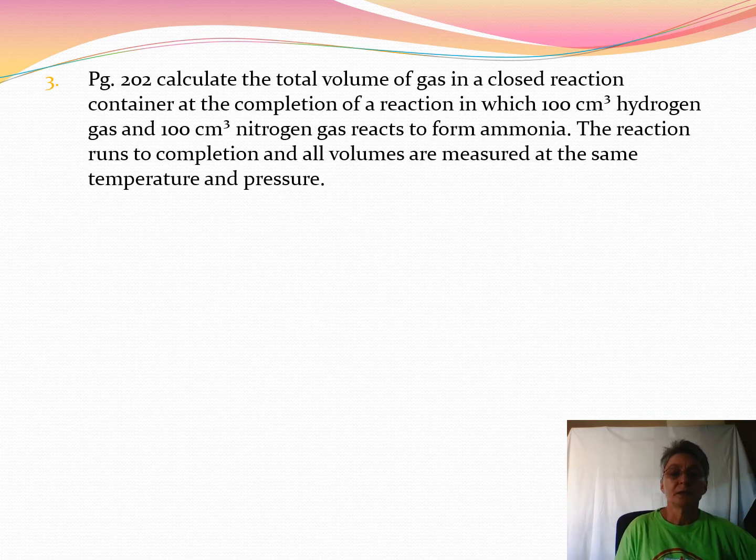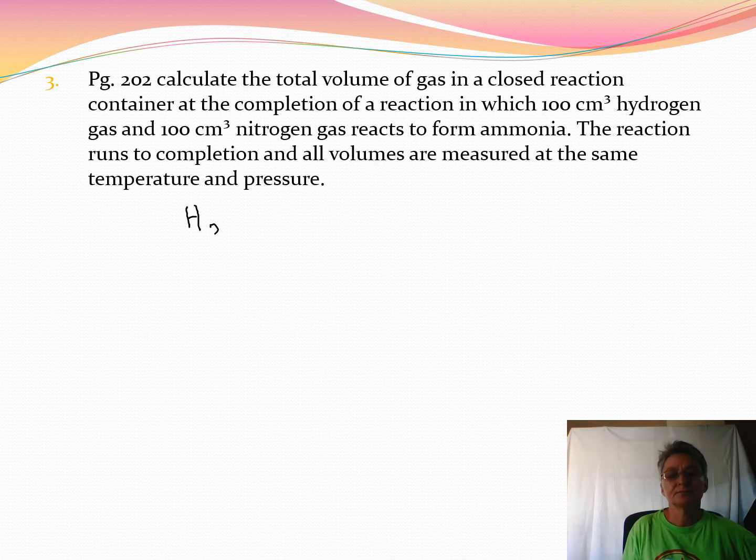Example 3 is on page 202, where we have to calculate the total volume of gas in an enclosed reaction container upon the completion of a reaction where 100 cubic centimeters of hydrogen is mixed with 100 cubic centimeters of nitrogen. The reaction runs to completion. Now this actually belongs to our limiting reagent section, but I'll do it here. We need a balanced equation.